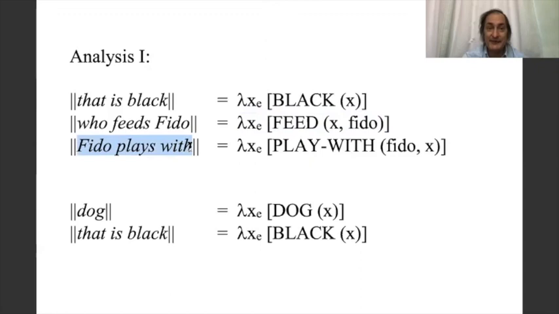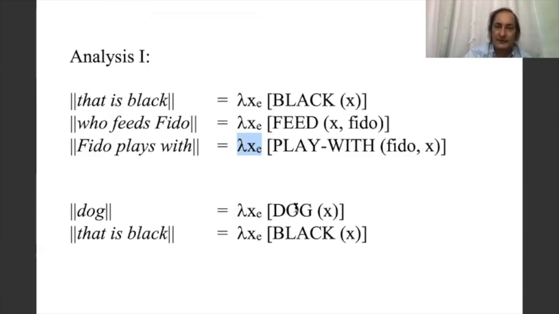"Fido plays with," like the toy Fido plays with, we're missing something, between the H and the bar. We're missing an object, what it is that Fido plays with. We're going to put that object as a variable, and we're going to lambda bind it. Okay? So this is our analysis one. It's the simple one. It's the one that takes relative clauses to be one-place predicates, and these are those one-place predicates.